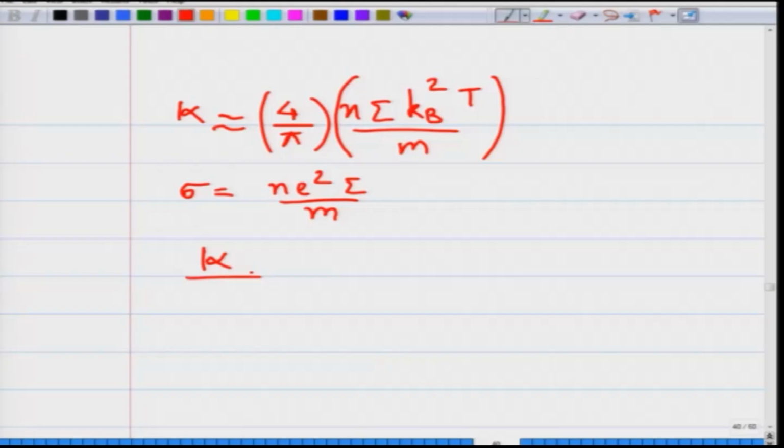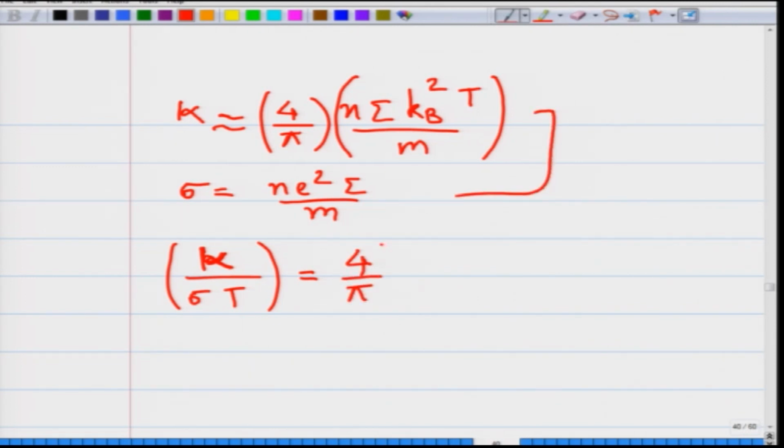So, if we find out kappa divided by sigma times T, then from these two above expressions this turns out to be a constant, 4 by pi kB by e the whole square, and these are nothing else but complete constants.